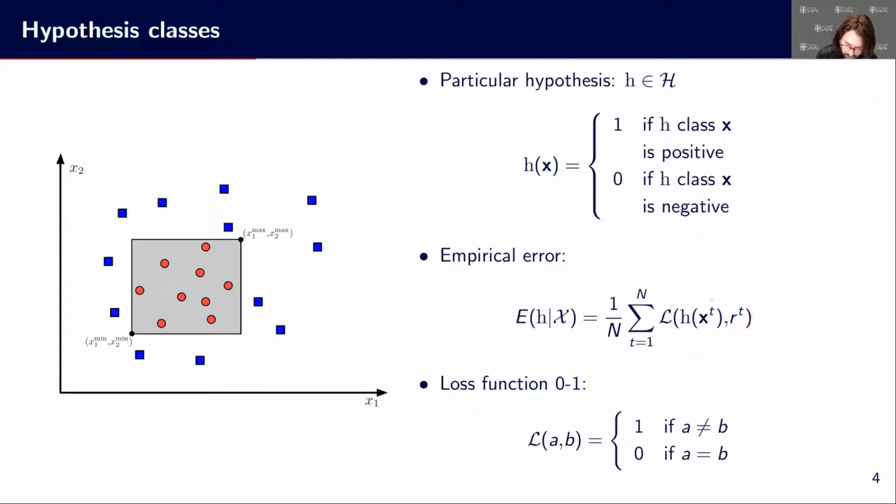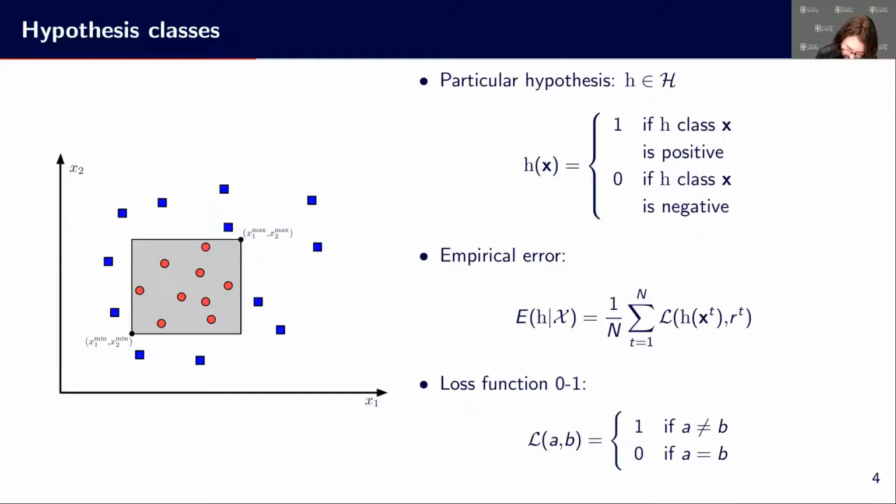The standard basic loss, not the only one but the classical one, is the 0-1 loss, which is basically giving a 1 if a is different from b. So for example, if h(x^t), the prediction, is different from the real label, we have a 1, which is an error of 1, or 0 if it is the same, if the prediction is the right label, the ground truth label.